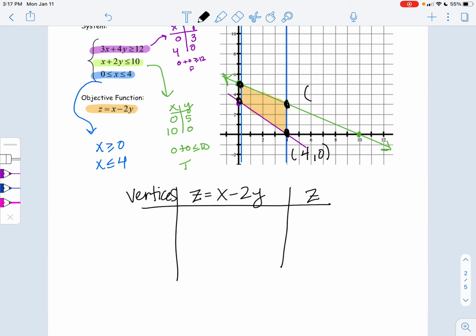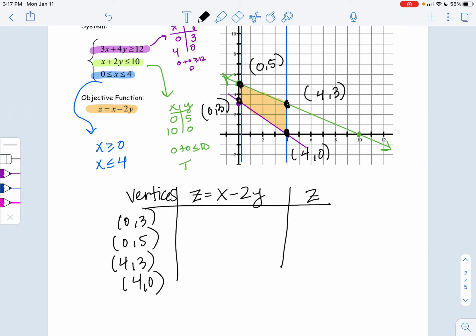But you could find this set of equations and be able to find all of these, especially since we color coded them, right? They should be pretty easy to find. So I'm going to list my vertices. And then I'm going to plug them in here to my objective function.